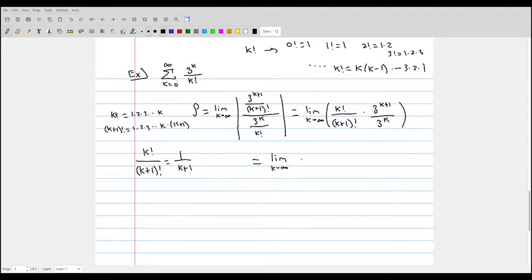This is the same thing as the limit as k goes to infinity of 1 over k plus 1 times the limit as k goes to infinity of 3 to the k plus 1 over 3 to the k, which is 3. This limit is 0, so this is 0 times 3, or 0, which is strictly less than 1. Therefore, this series is a convergent series. Specifically, it's absolutely convergent.